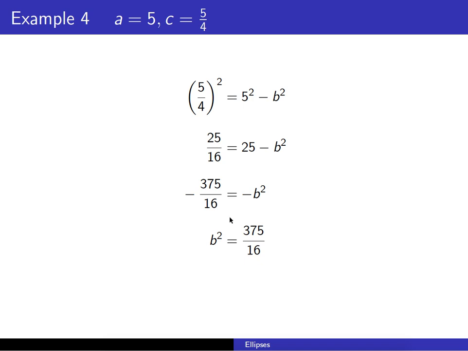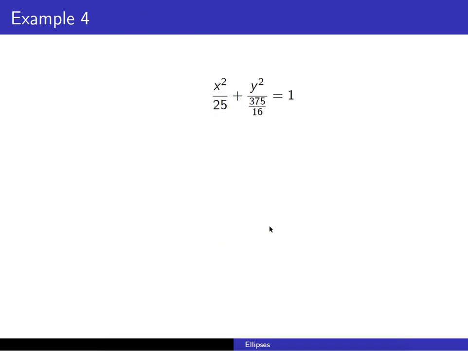So our equation is going to look a little bit messy with the complex fraction inside of it, but we'll take care of that. So we have x squared over a squared, or x squared over 25, plus y squared over b squared, or y squared over 375 over 16, equals 1. Now here we have a complex fraction, a tiny fraction within a fraction itself.